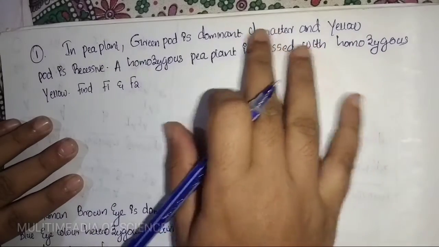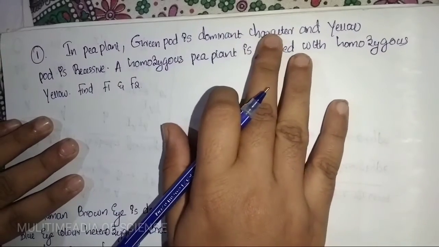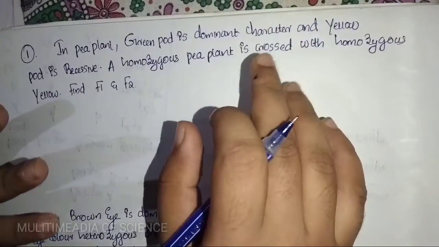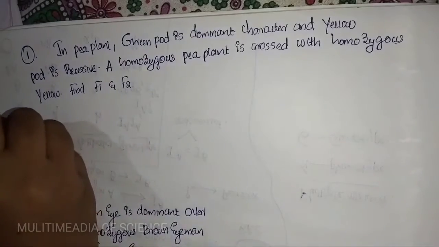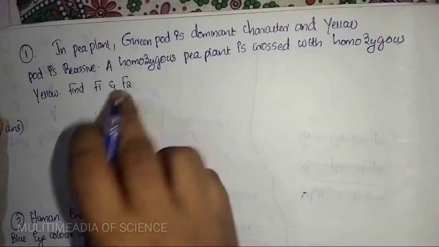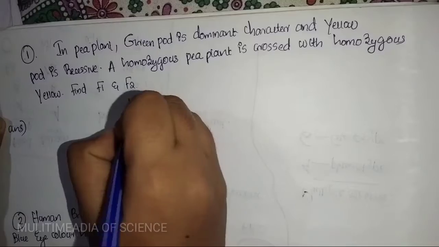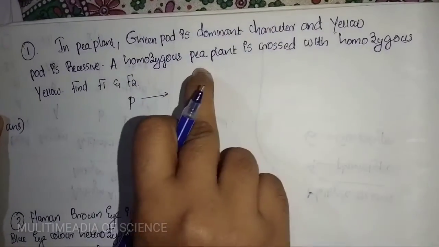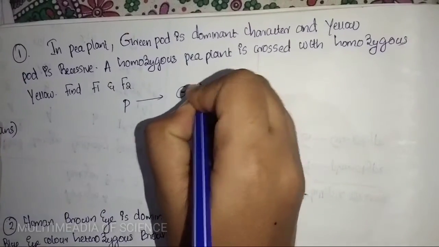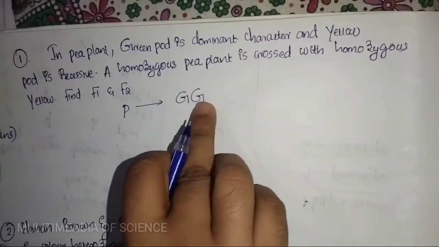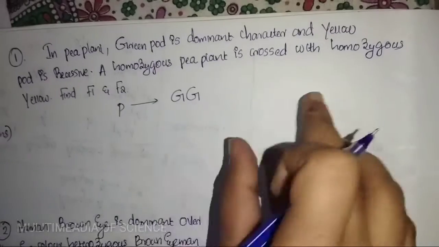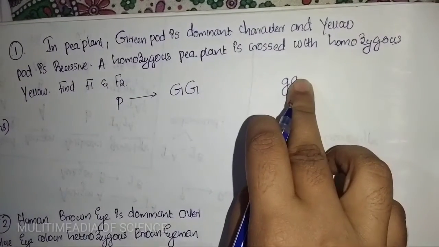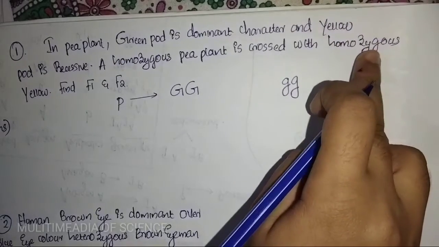This is the question. And while dealing with this question, we want to mention Mendel's law of dominance. So we can consider the parents: the green pod is dominant and it is homozygous. So capital G, the green pod, is the first parent, and the next parent is small g, representing the yellow homozygous.